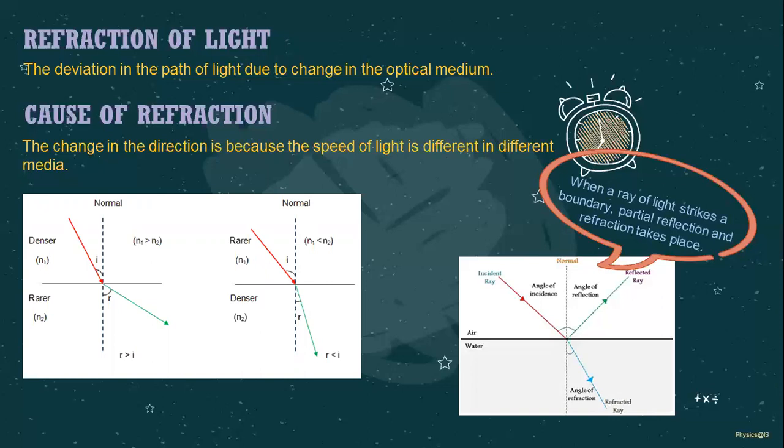Whereas in the second picture, the ray of light when moving from rarer to denser medium moves towards the normal. So this is clear that when a ray is traveling from denser to rarer medium, its speed increases and hence it moves away from the normal. Whereas when it travels from rarer to denser medium, its speed decreases and it moves towards the normal.